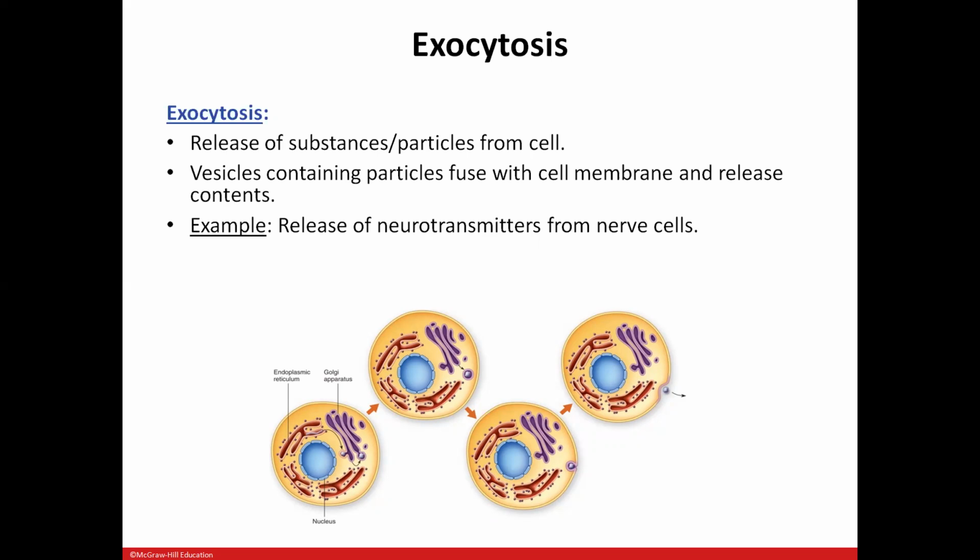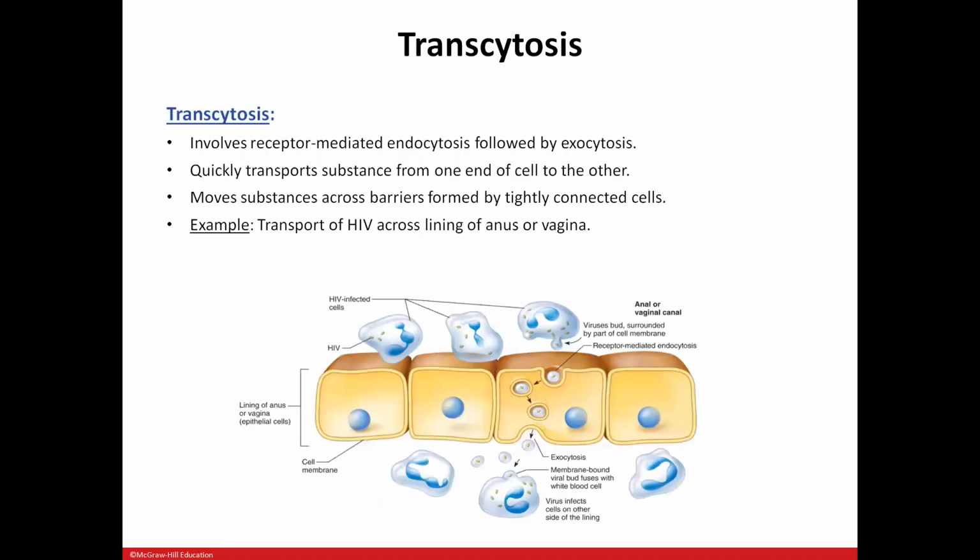It's leaving the cell. Or maybe if you guys recall from our previous lecture, when I showed you the Golgi body, how it had those vesicles that were leaving and actually transporting substances outside of the cell. That was via exocytosis. And then transcytosis is actually a mixture between endocytosis and exocytosis.